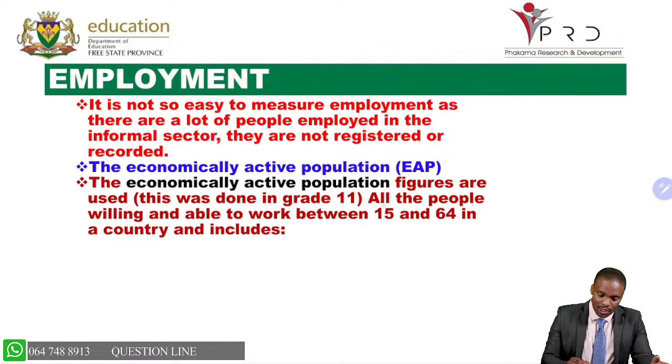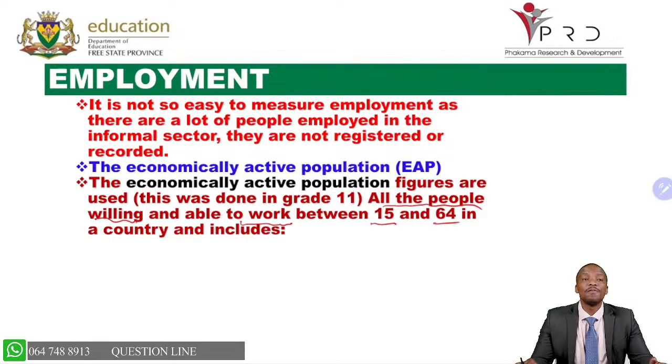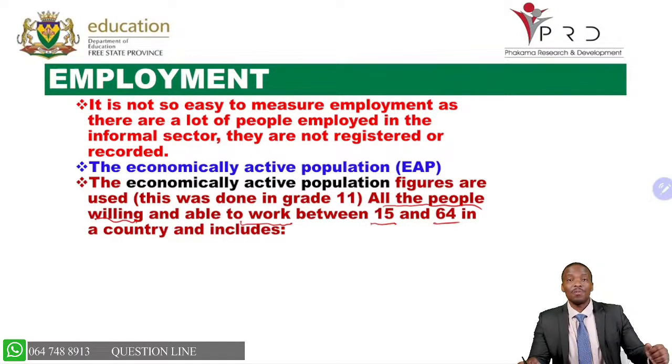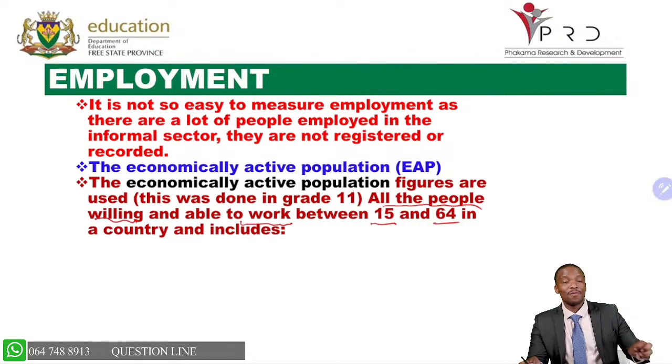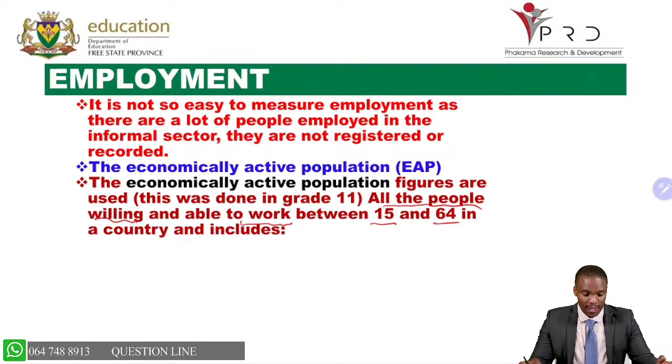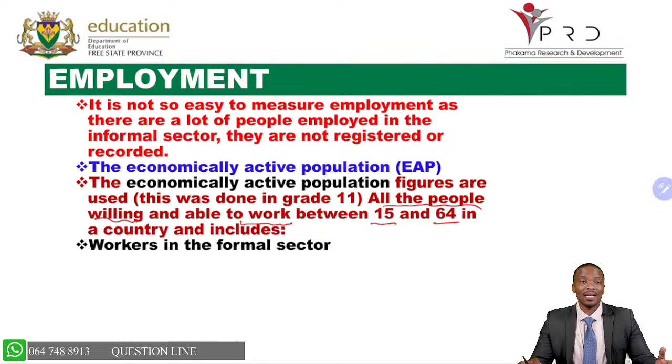These are the people who are willing and able to work, between the ages of 15 and 64. If those people are able to find employment or are looking for employment, they are part of the economically active population. It's a reminder that this was done in grade 11.